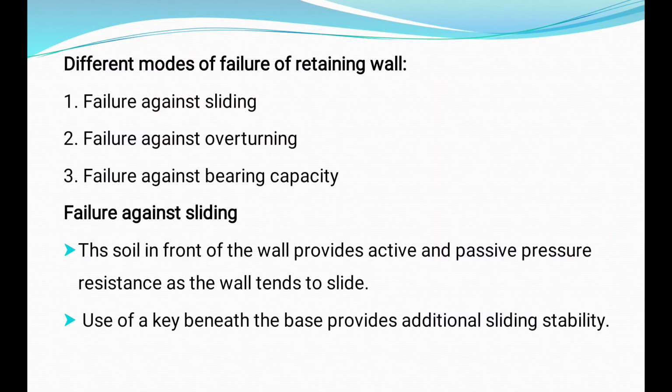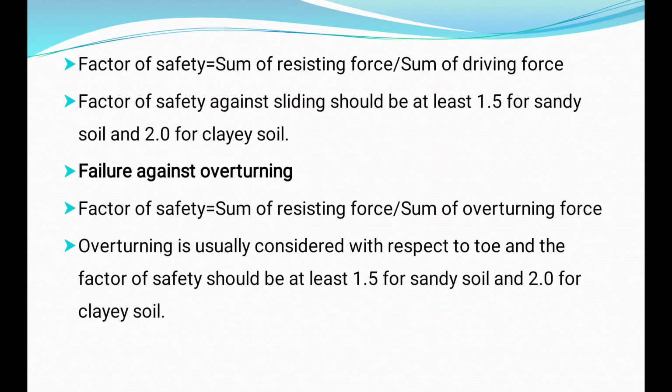So the wall tends to slide. Sometimes use of a key beneath the base provides additional sliding stability. Factor of safety is the ratio of sum of resisting force to sum of driving force. Factor of safety against sliding should be at least 1.5 for sandy soil and 2 for clay soil.